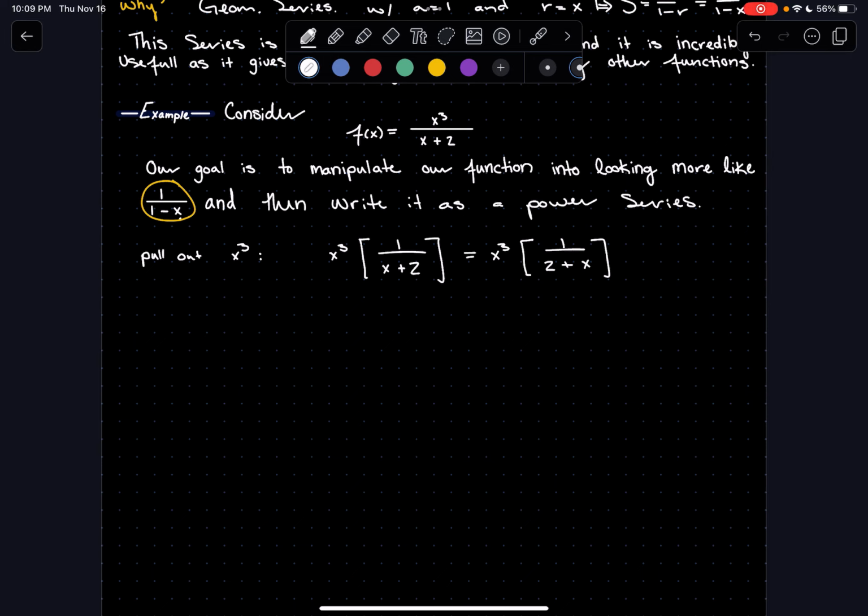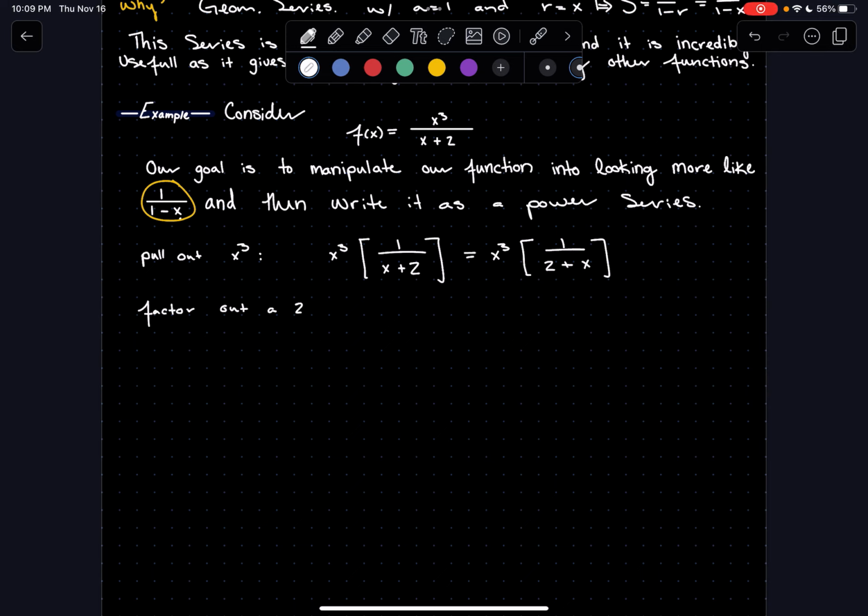And then our form has 1 minus something here, but in what we have here, we have 2 plus something. So I'm going to factor out a 2.